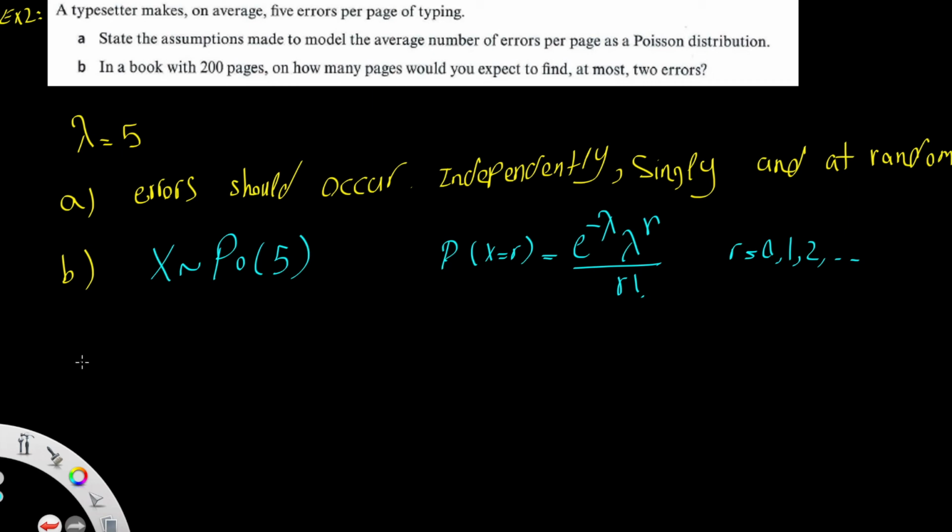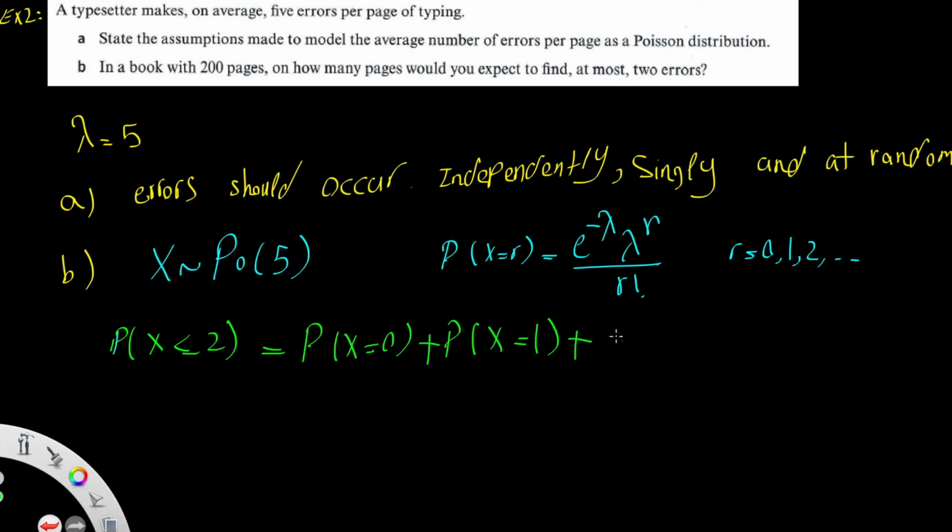Now it wants you to find actually at most 2 errors. So first, let's calculate the probability of x less or equal to 2, because it says at most 2 errors. So it will be 0, or 1 or 2 errors.